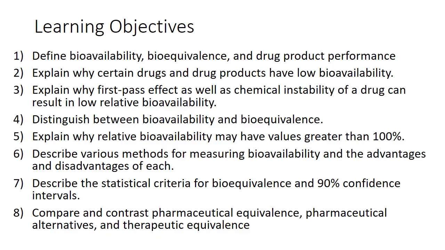So the learning objectives are to define bioavailability, bioequivalence, and drug product performance; explain why certain drugs and drug products have low bioavailability; explain why first pass effect as well as chemical instability of a drug can result in low relative bioavailability; distinguish between bioavailability and bioequivalence; explain why relative bioavailability may have values greater than 100%; describe various methods for measuring bioavailability and the advantages and disadvantages of each; and something you would probably have never seen before, describe the statistical criteria for bioequivalence in 90% confidence intervals.